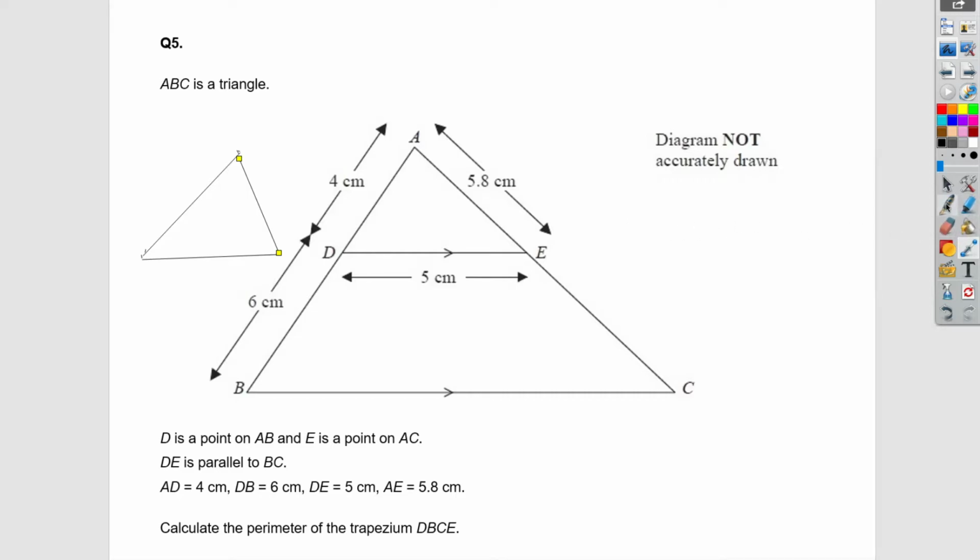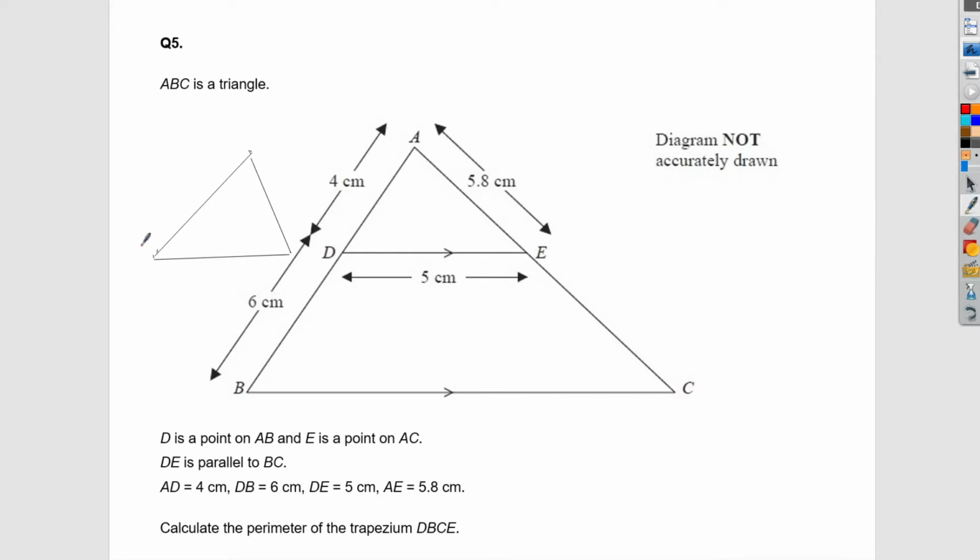So let's call that D, that's E, and that's A. So these are similar to that. I'm drawing it separately. That is 5.8. This is 4 centimeters, and this is 5 centimeters.